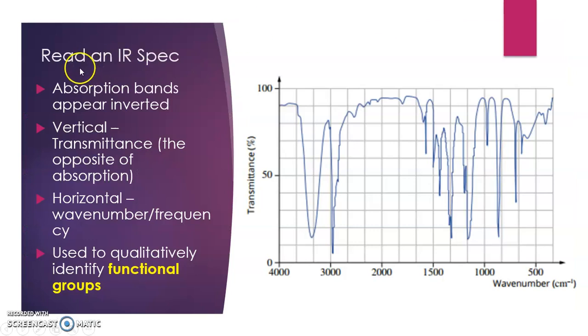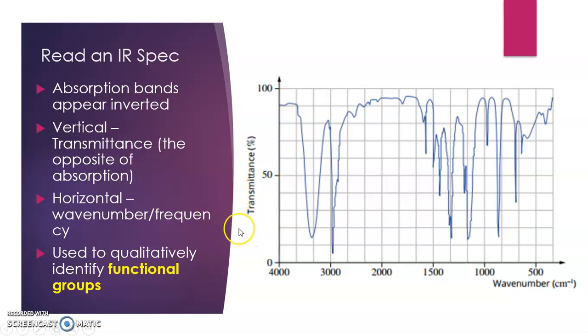So how do we read an IR spectrum? Notice that for IR, the absorption looks a lot like some kind of liquid was tipped over and was falling down a wall, right? So the absorption bands appear to be inverted. Okay? The vertical axis is the transmittance.